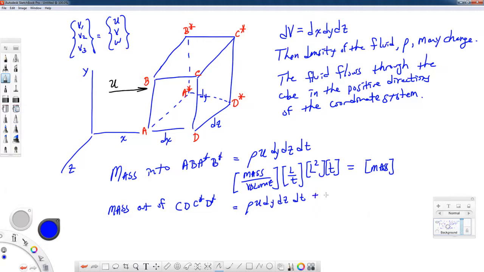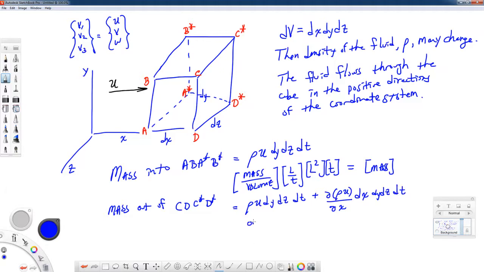So what I mean by that is we have the rate of change of rho u with respect to x. That's the rate of change times what's going on in the x direction, the amount of distance in the x direction, times that area, times that increment of time.